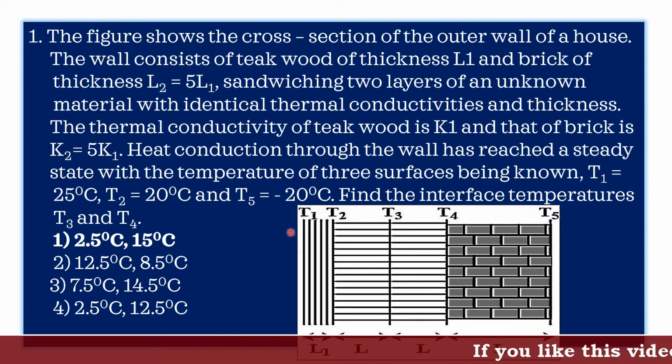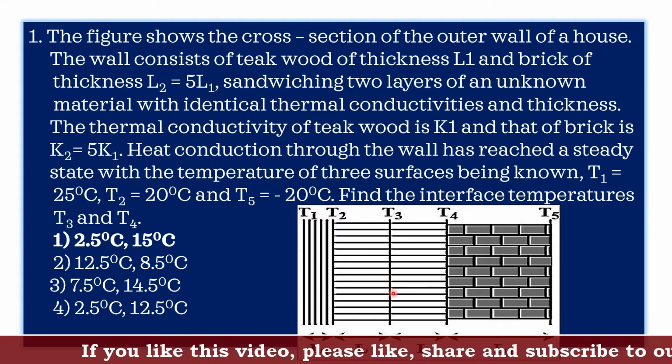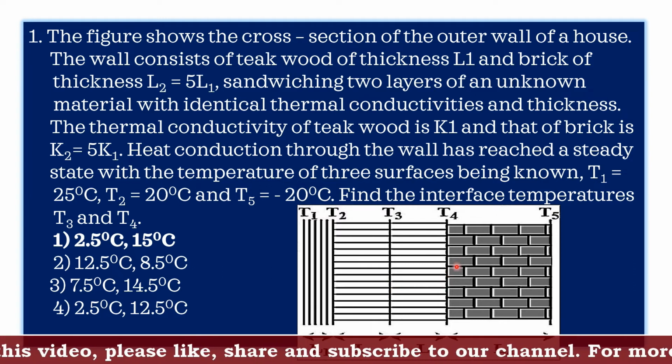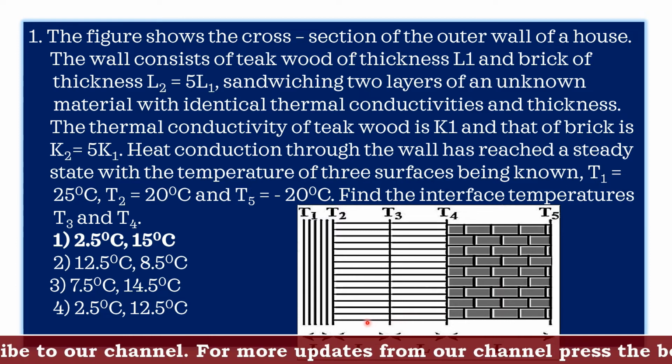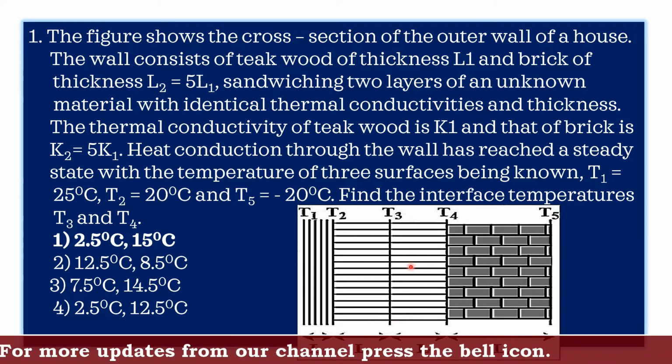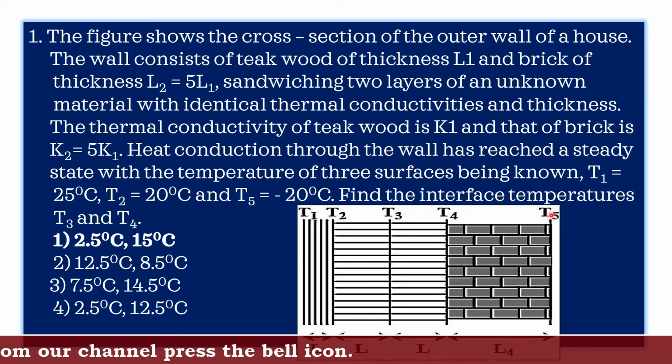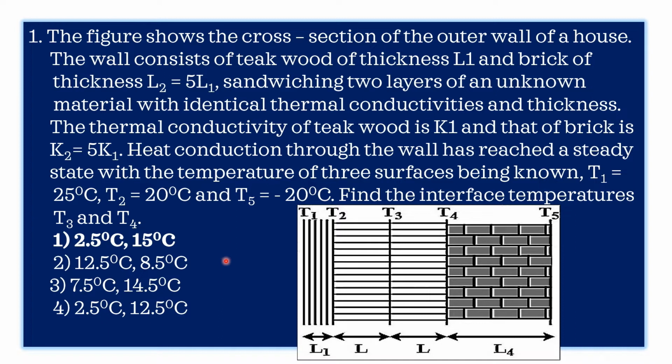See this picture. The figure shows the cross section of the outer wall of a house. Now we will calculate the interface temperatures T3 and T4. Let us go to the solution.